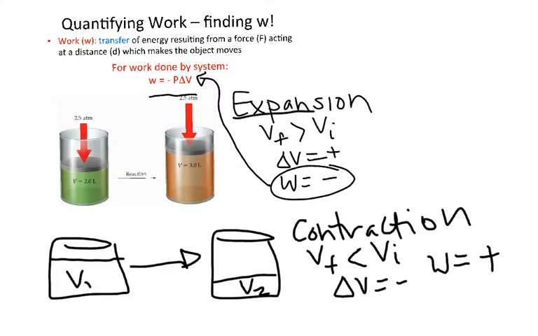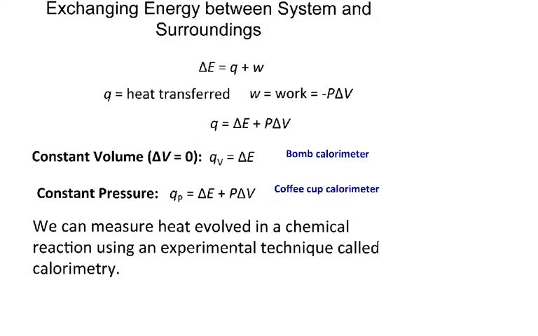So what you have to remember is that when something expands, that is work done by the system on the surroundings, and that sign is negative. When contraction occurs, that is work done by the surroundings on the system, and the overall sign of W is positive.